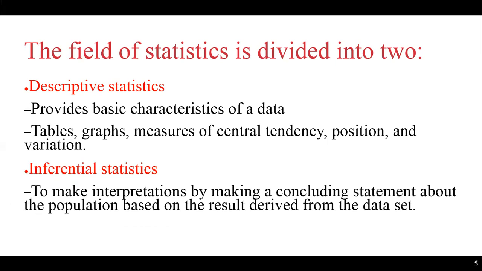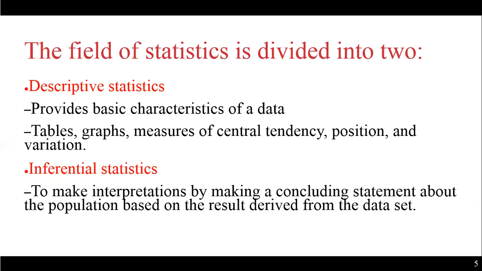This is used especially if you have a data set that is less than 30 elements. Next one is the chi-square test. Then we also have correlation and regression analysis, for the analysis of the relationship of two or more variables.